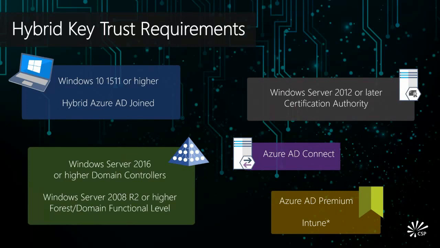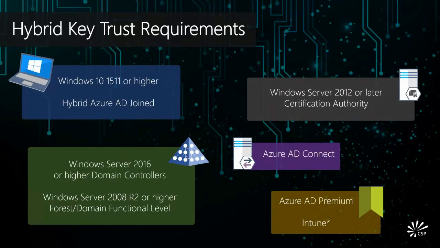From an Active Directory perspective, you may recall from our previous session that Windows Server 2016 or higher domain controllers are a requirement. And the main reason for this is because the key-based authentication was something that was introduced in Windows Server 2016. Now, it doesn't mean that all of your domain controllers have to be Windows Server 2016.